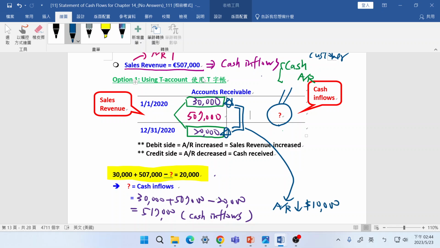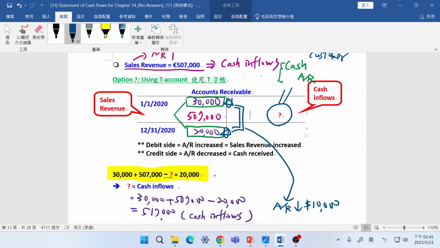Accounts receivable decreased $10,000. What does it mean? It means customers owe you $10,000 less, right? So they paid $10,000 more back to you, right?